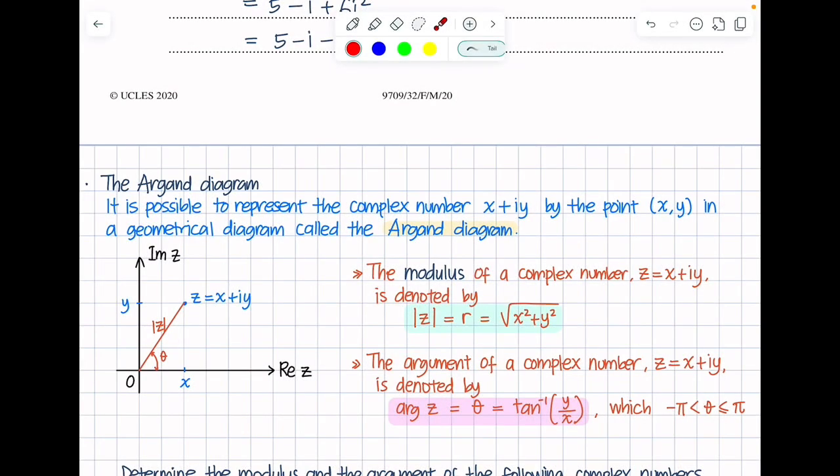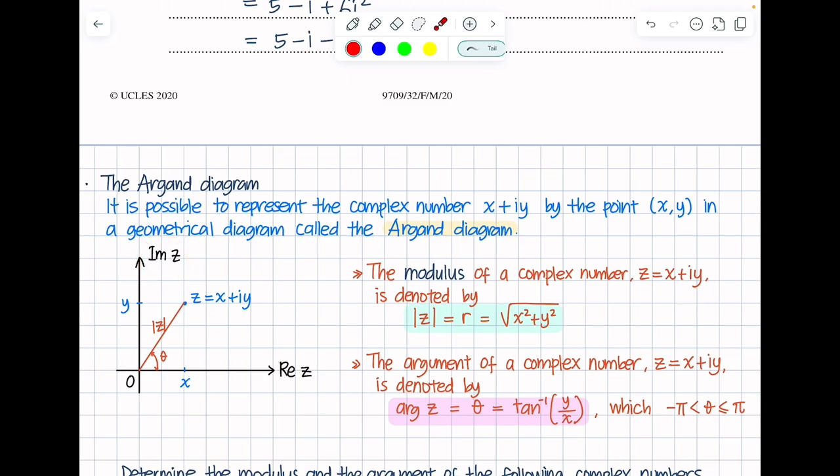The next part of complex numbers is the Argand diagram. It is possible to represent the complex number x plus iy by the point (x, y) in a geometrical diagram called the Argand diagram. Similar to the Cartesian axes, but we change the x-axis to the real part and the y-axis to the imaginary part.